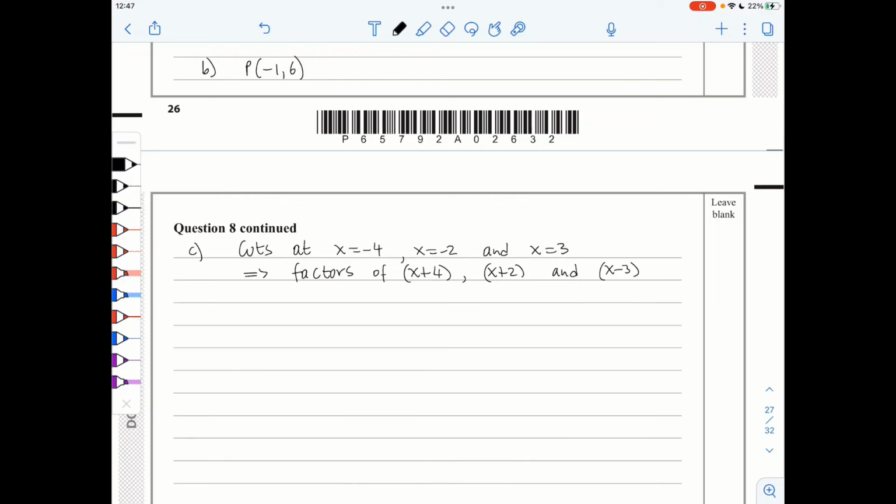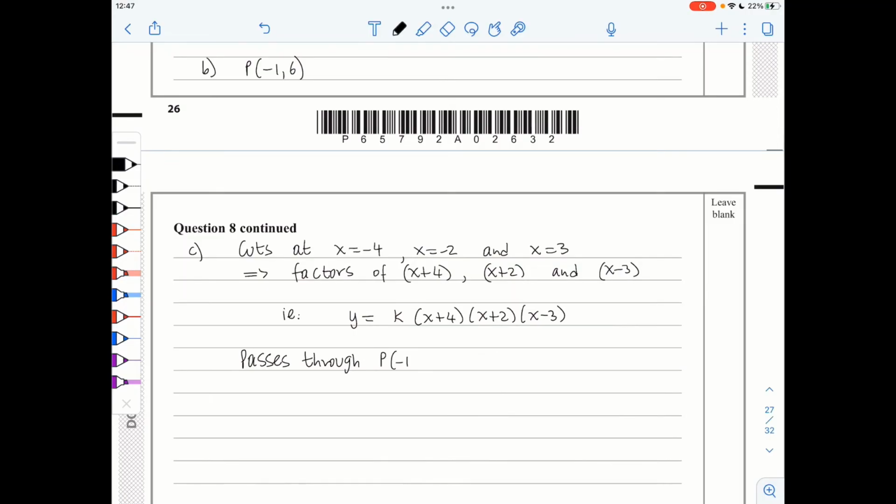We are looking for a cubic, so it must be the case that y is the product of these 3 factors, and the only thing that could change is whether the coefficient here is 1 or something else. So I'm going to put a k here, and I'm going to use the fact that we pass through -1, 6 to identify the value of k.